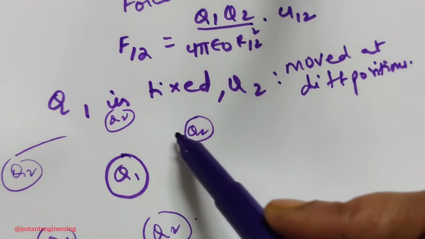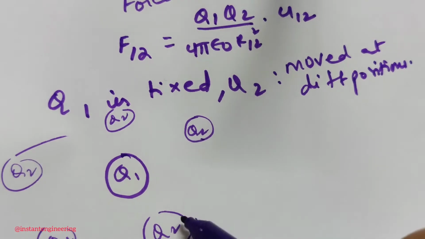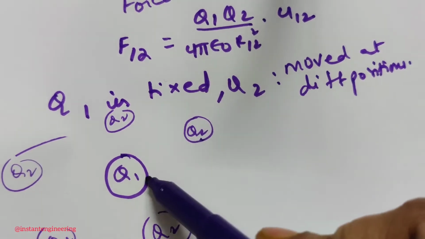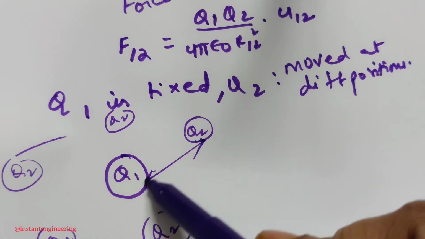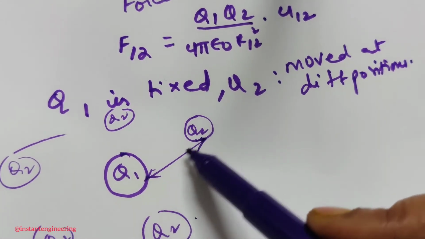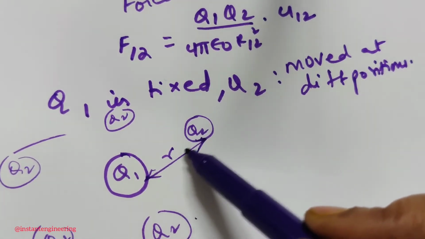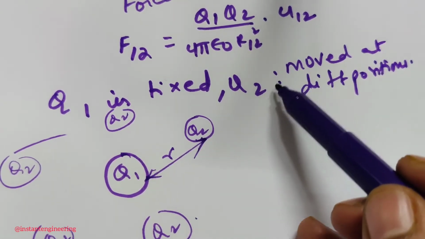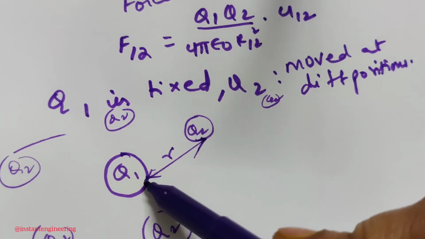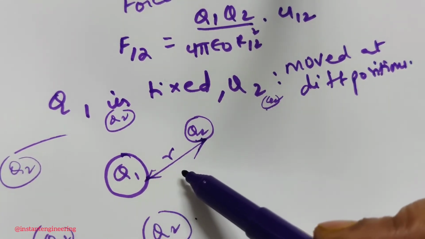So the force of attraction between these two charges at each point is what we will see in this electric field intensity. If the distance r between these two charges is less, the force of attraction will be more. As the distance r increases, that means Q2 is present somewhere over here, the force of attraction of Q2 towards Q1 is very less.